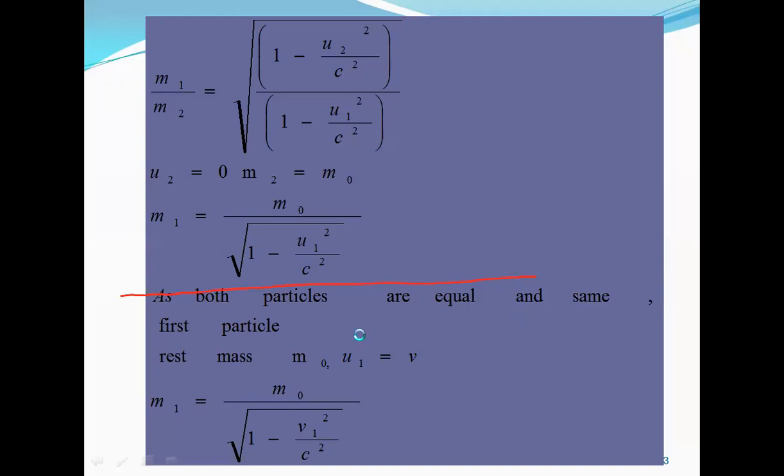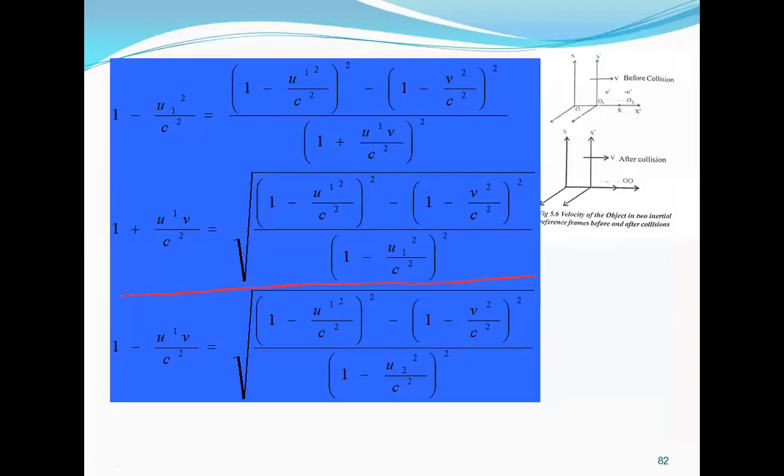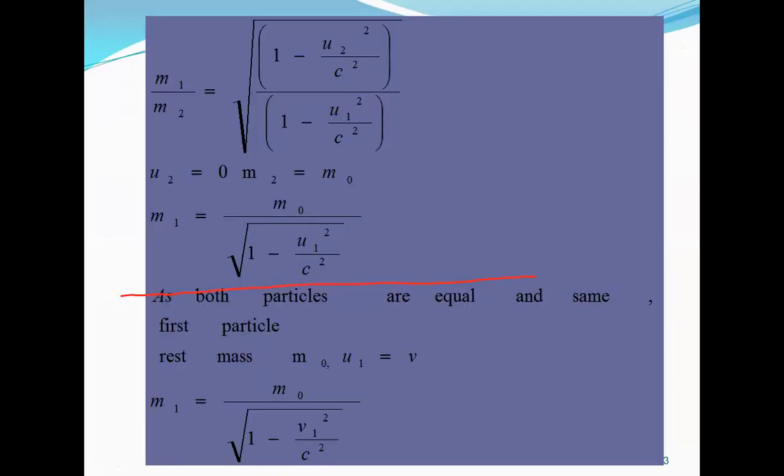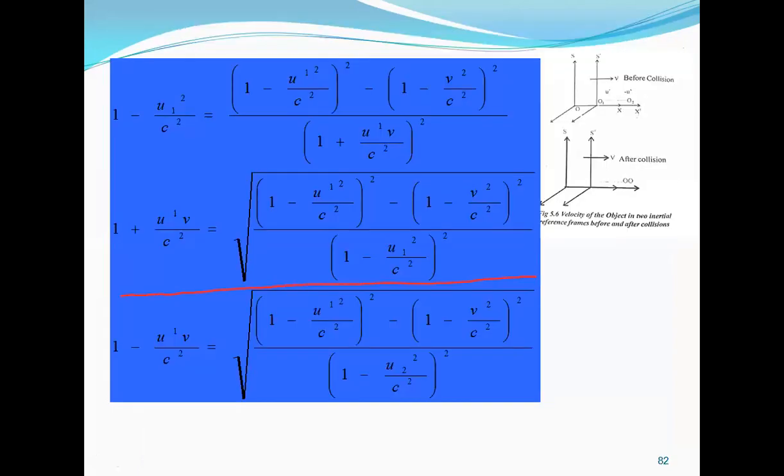But I am a little worried about what is there here, 1 minus u2 square by, okay. The question is, here there is a square, but when I get the next step, I did not get this square. That is my worry.